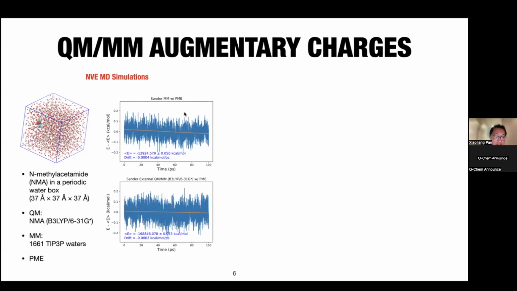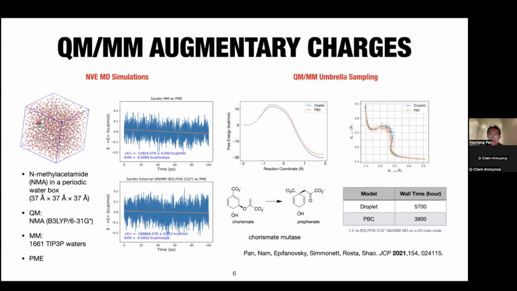This just validates both the correctness of the gradient and also the continuity of the potential energy surface.